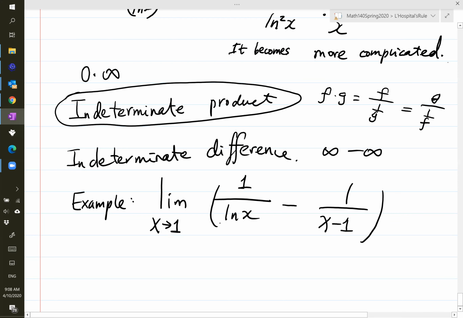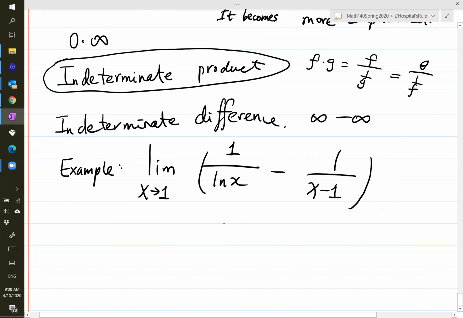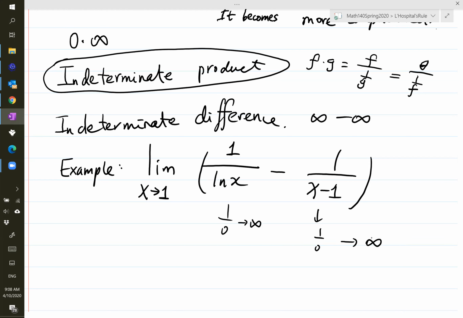As x approaches 1, this 1 over ln x approaches infinity, and this 1 over x minus 1 approaches infinity. So this is infinity minus infinity. So this is an indeterminate form.